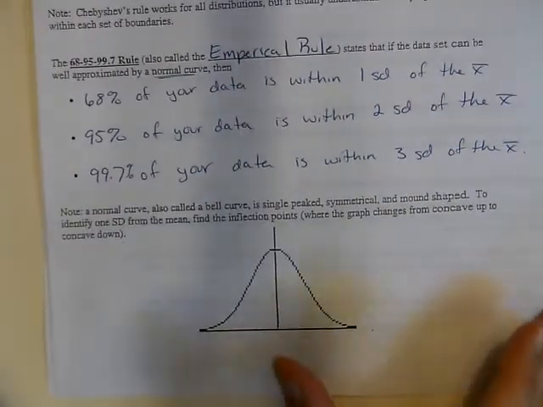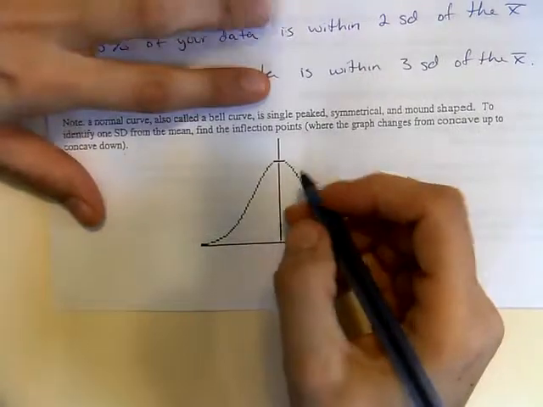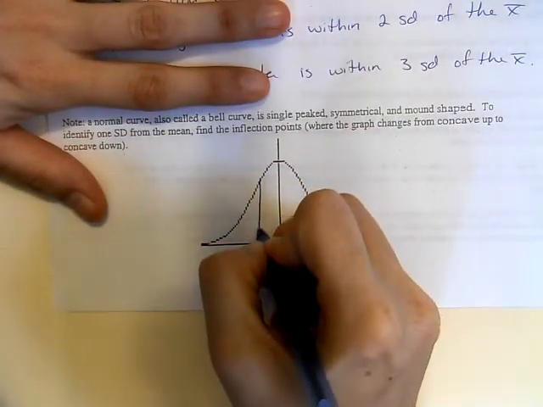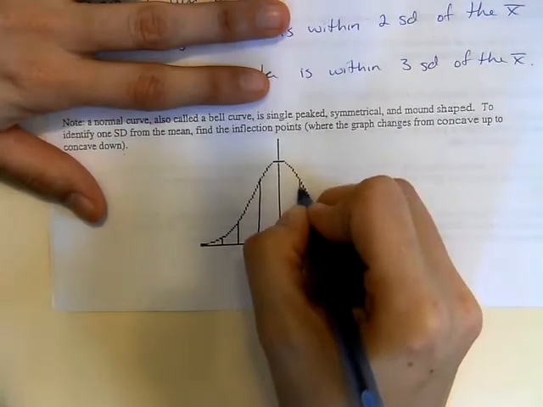So, a normal curve, we call it the bell curve sometimes, is single-peaked, symmetrical, and mound-shaped. To identify 1 standard deviation from the mean, we find the inflection points. Now, calculus students, don't freak out. All we're going to do is estimate it. So usually we have 3 lines on either side.